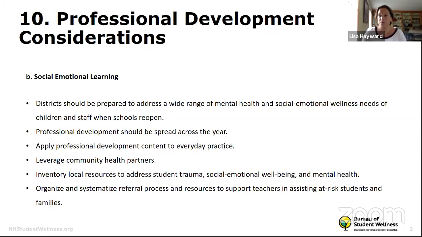With these unprecedented times with COVID and uncertainty about how we're going to be reopening, and trauma in students and trauma in educators, I think there's a lot of positive recognition that this is critical to the success of our academic endeavors. So we need to address both if we want students and teachers to be well prepared to move into the next academic year.